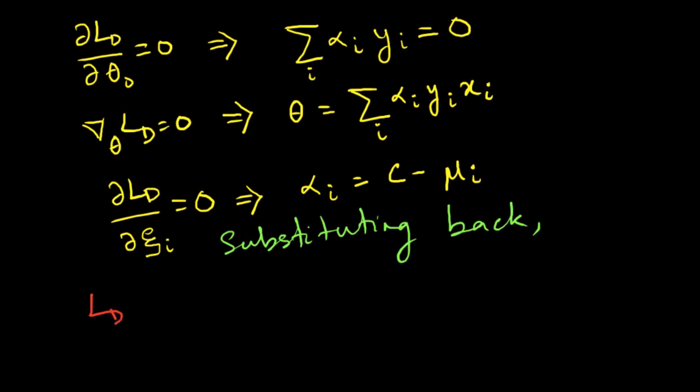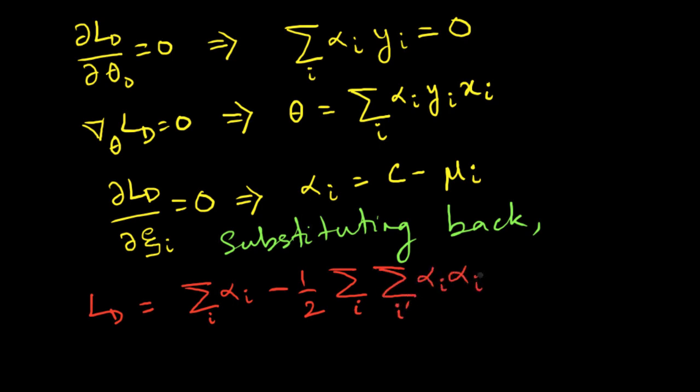So this LD is exactly the same. It is summation over i alpha i minus half summation over i summation over i prime alpha i alpha i prime yi yi prime xi transpose xi prime.